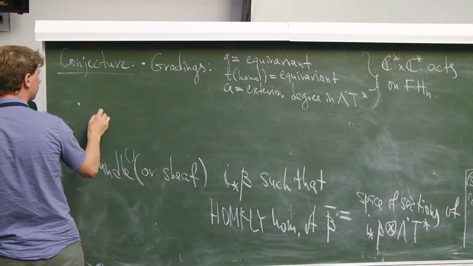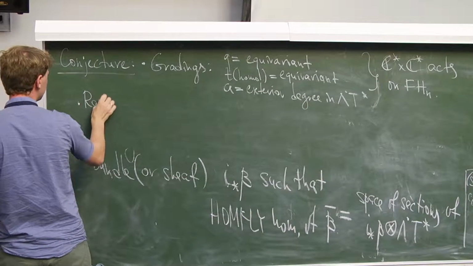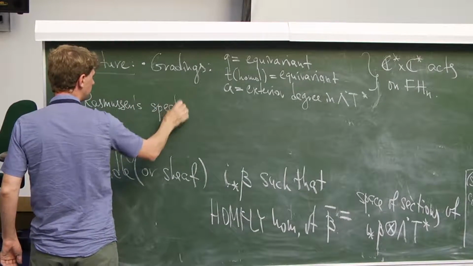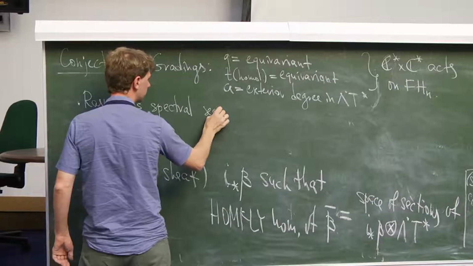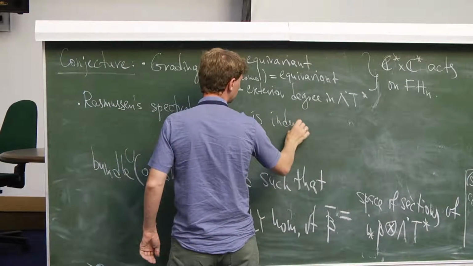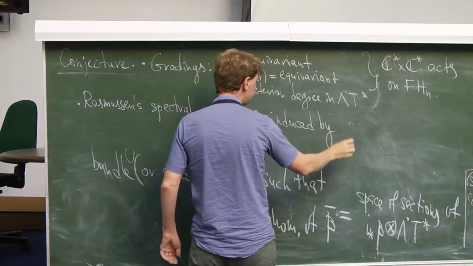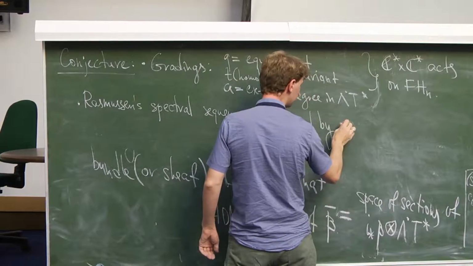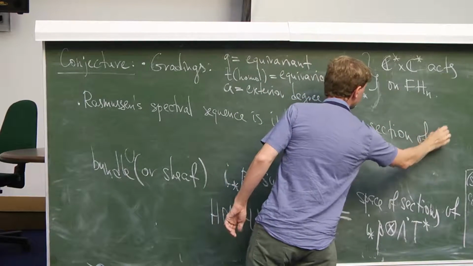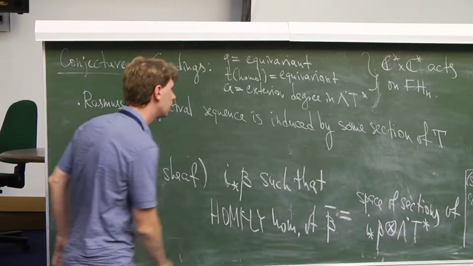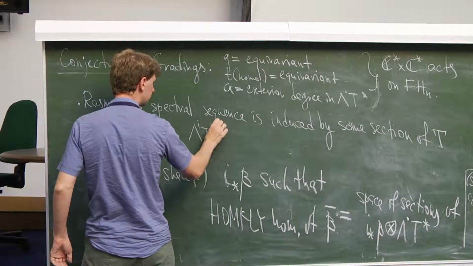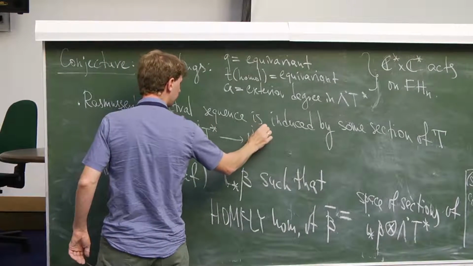And the last thing which I want to mention is that this Rasmussen spectral sequence is induced by some section of T. So if you have a section of T, you have a map from lambda i T star to lambda i minus 1 of T star.